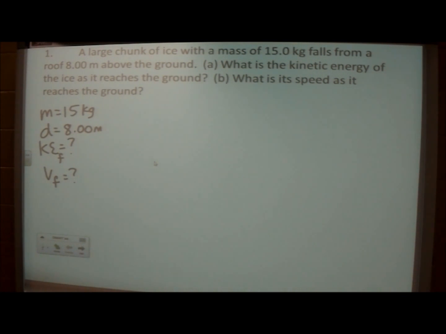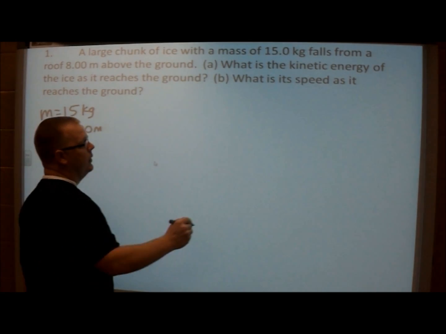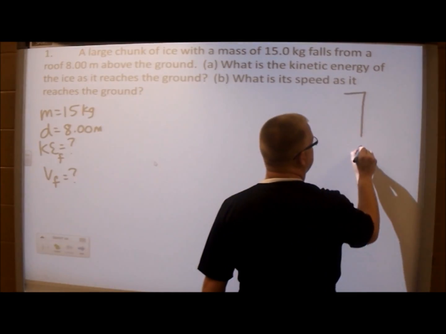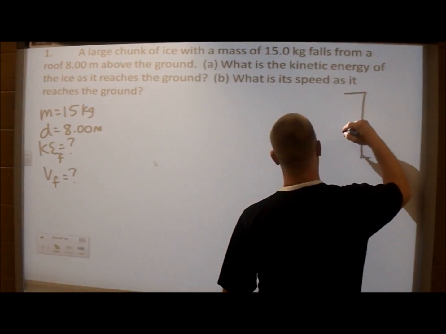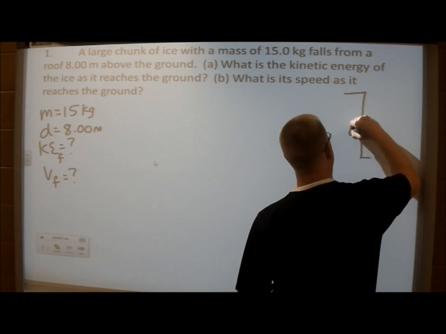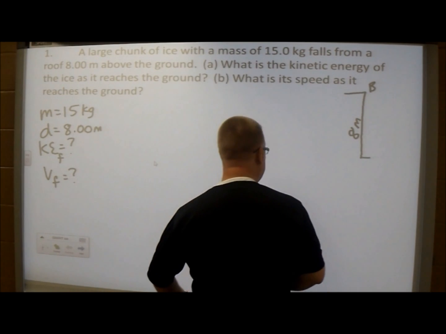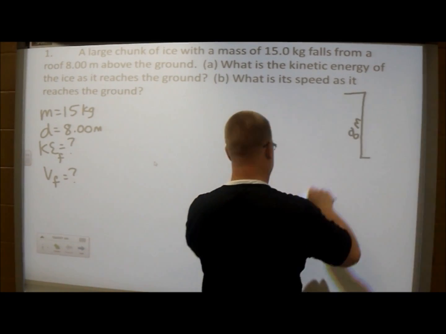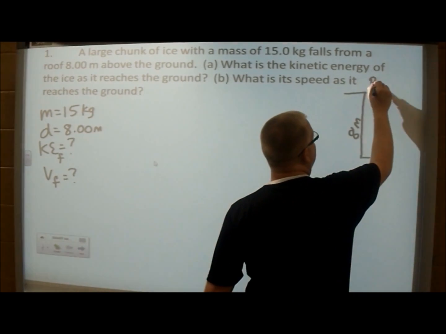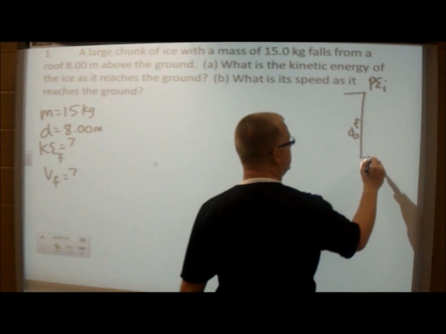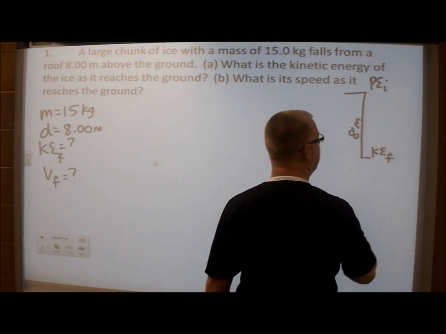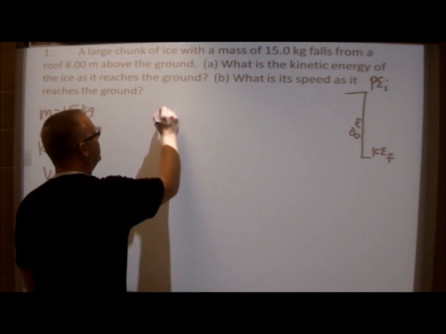Alright? Well, the first thing we probably need to do is calculate up at the top, what is the potential energy? So if this thing is going to fall 8 meters, if I know the potential energy up at the top, the initial potential energy, that is going to equal the final kinetic energy.